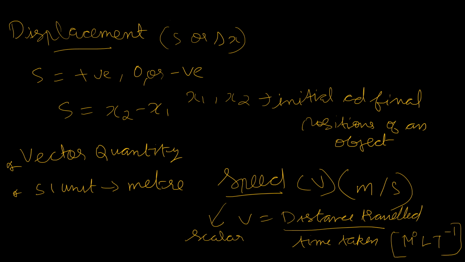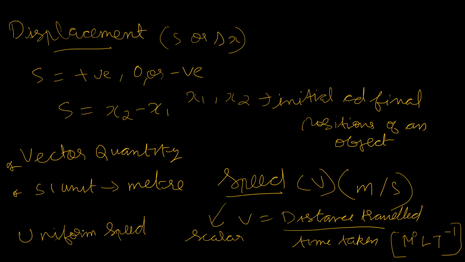Now we need to know what uniform speed is. There is no particular equation for this, just learn the term. If an object covers equal distances in equal intervals of time, then the speed is called uniform speed.